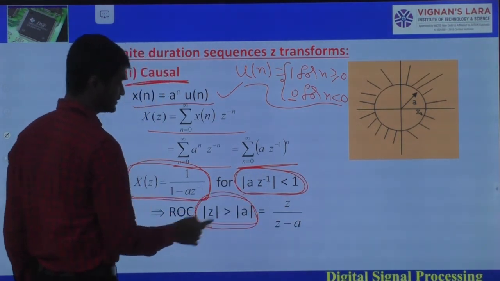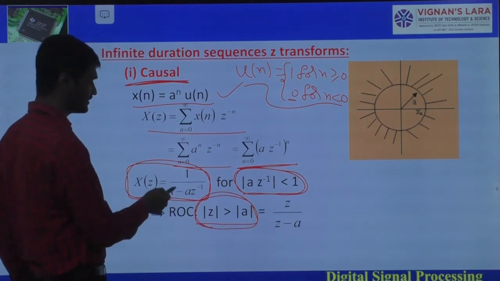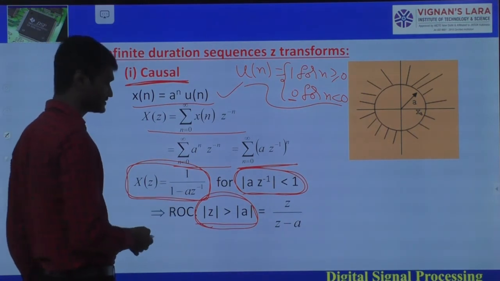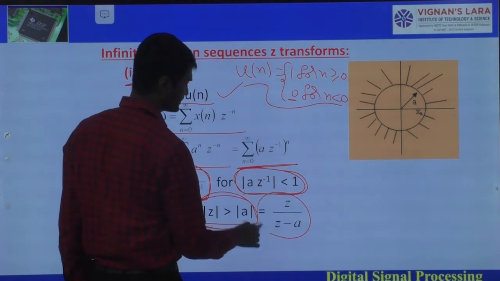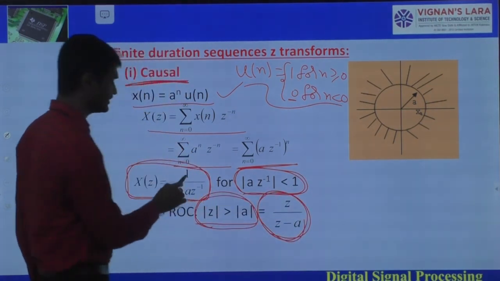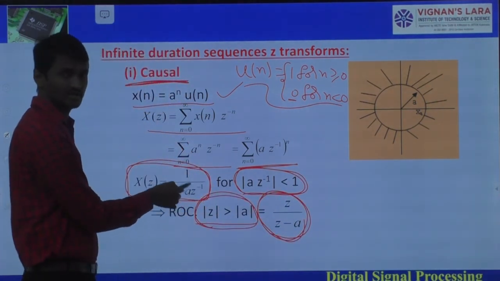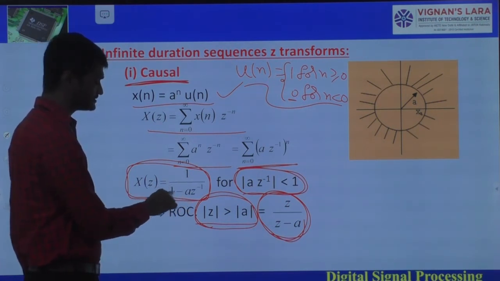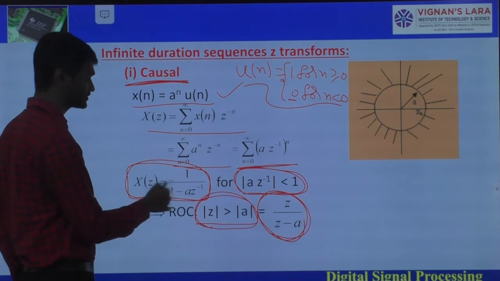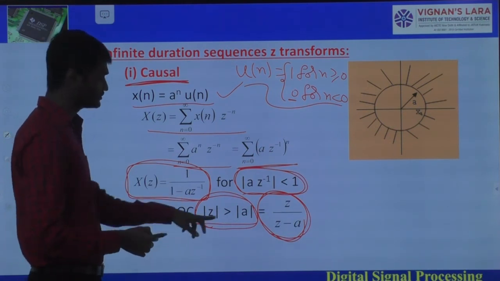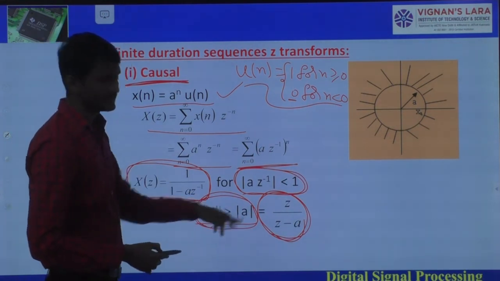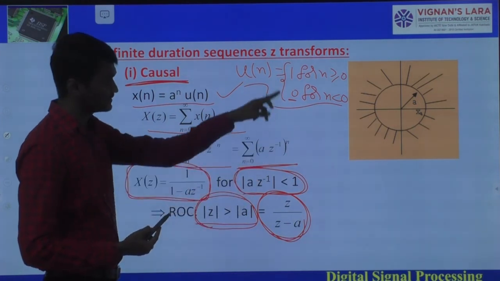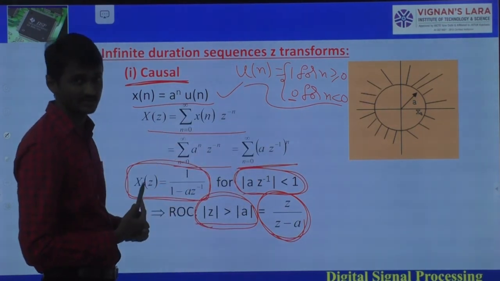This 1 by 1 minus a z inverse can be represented as z by z minus a, by multiplying and dividing with z. That Z transform is z by z minus a, and the ROC is mod z greater than a, where a is the radius of that circle.